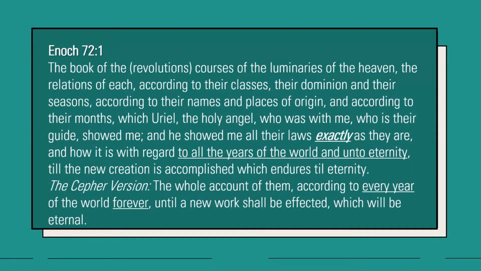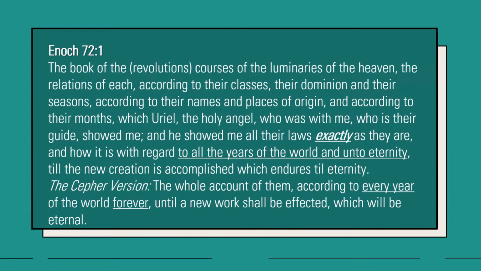We know that Enoch was given insight to everything, including the calendar and future events. If you discount what he's saying, you're calling him a liar. Okay. Elohim is not setting him up to be a liar, right? Enoch tells us exactly how things are to be until the new creation has come.